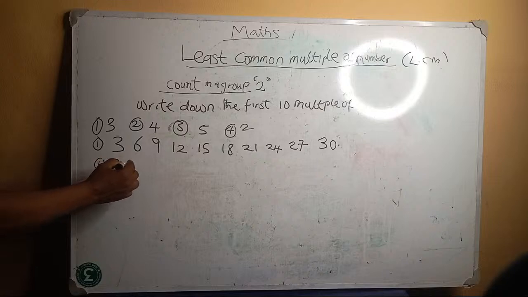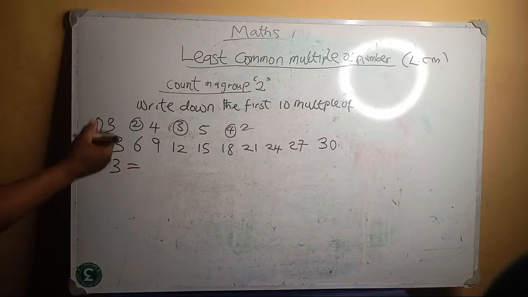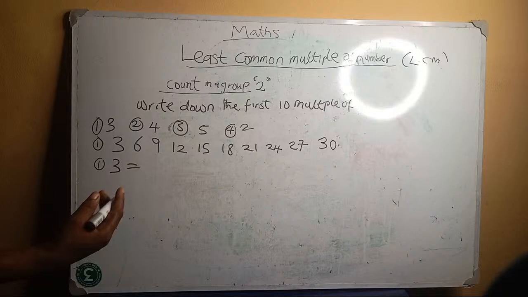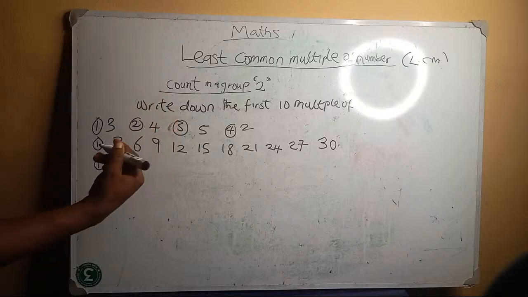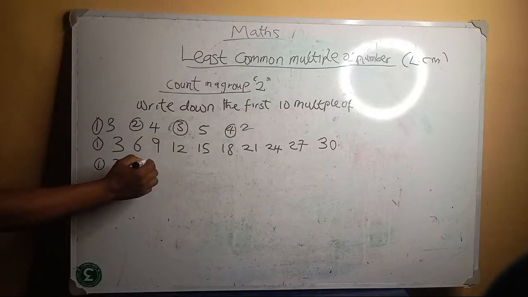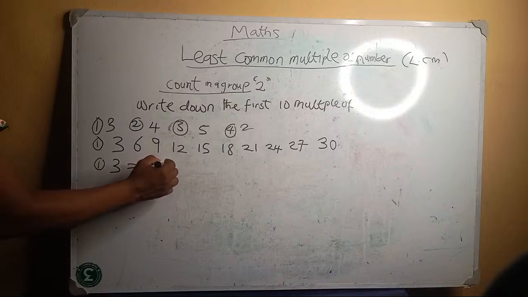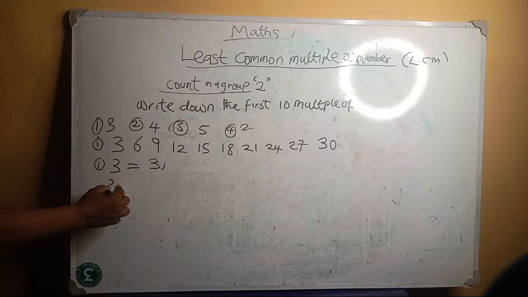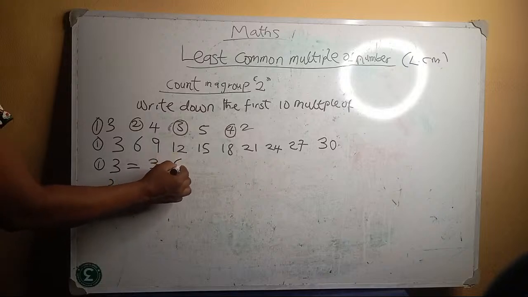You bring out your rough paper. You say the first one is 3. The second one, you say 3 plus 3 is equals to what? 6. You put down the 6.